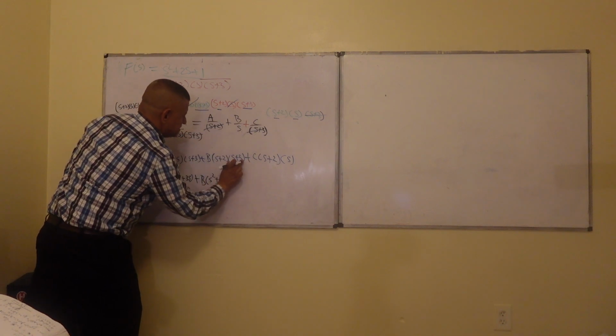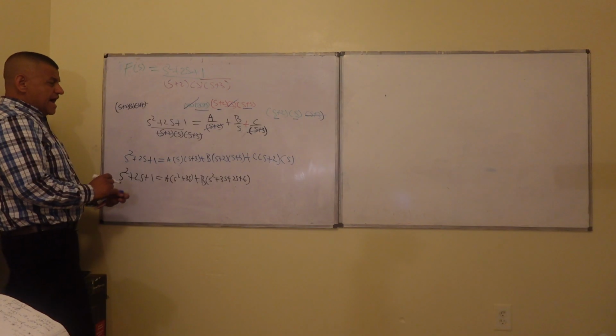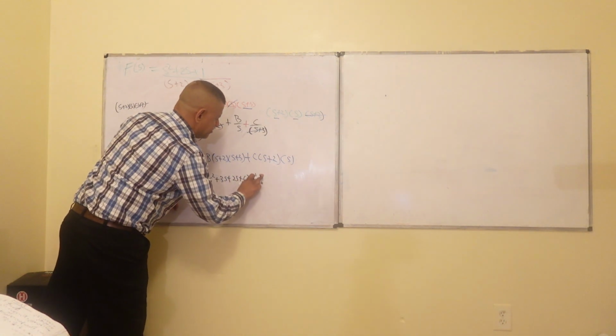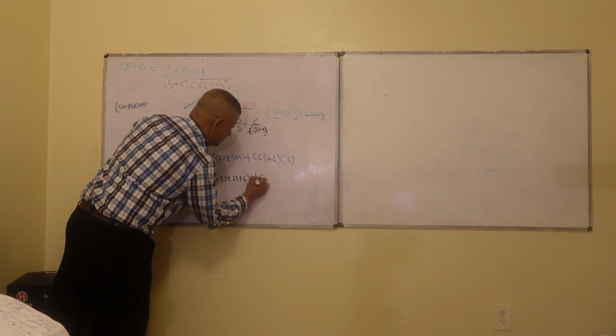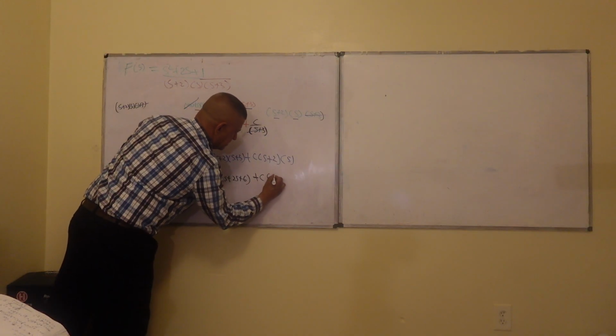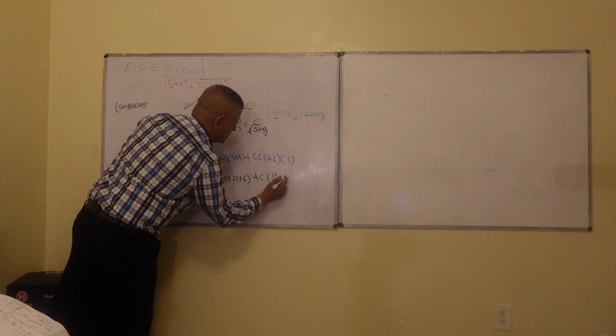This times this is 6. Okay. Now, last one here. I got c, right? So c s times s is s squared, and then this times this is just 2s.